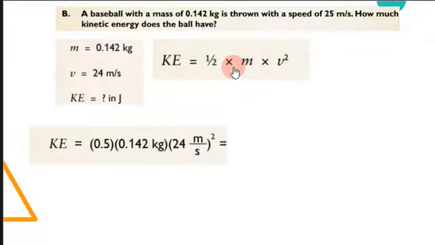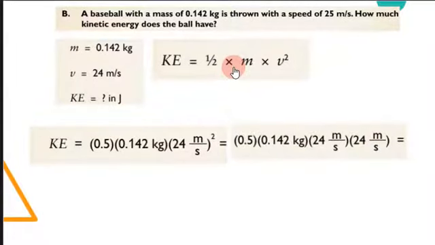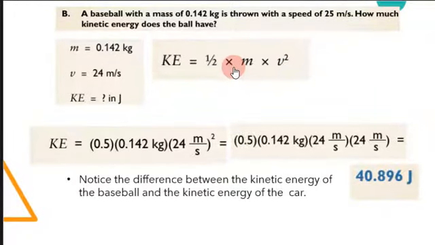And we can do the 0.5, as long as everybody understands 0.5 means 1/2. Alright, we do the math. Look, our 24 times 24, that helped remind us about squaring that. And we get 40.896 joules. Notice the difference between the kinetic energy of the baseball and the kinetic energy of the car. Big difference, right? Because the car had so much more mass.